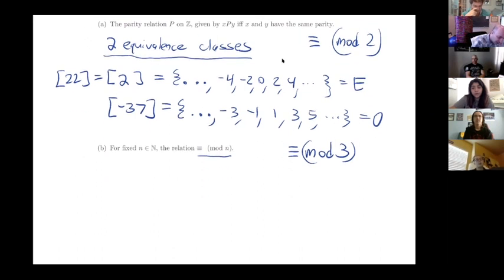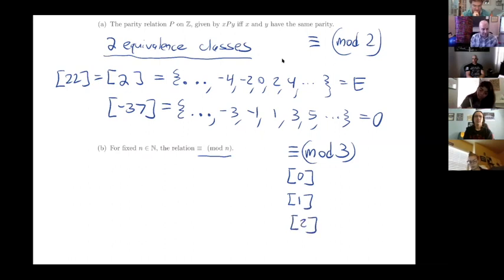So if we do mod 3, this is going to divide the set into things that are divisible by 3, things that have a remainder of 1 when I divide by 3, and things that have a remainder of 2 when I divide by 3. So typically we would write that as 0, 1, and 2. So usually, especially when we're doing mod, we pick the smallest representative of the group.